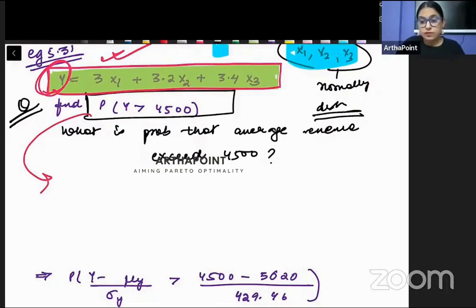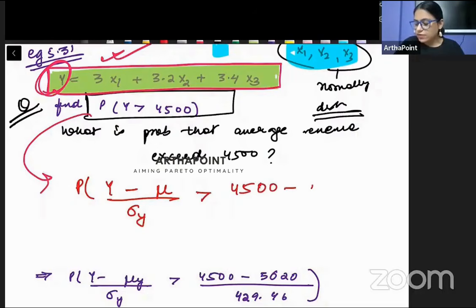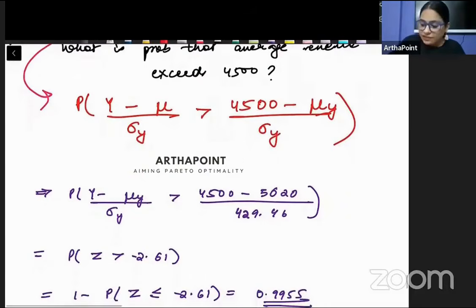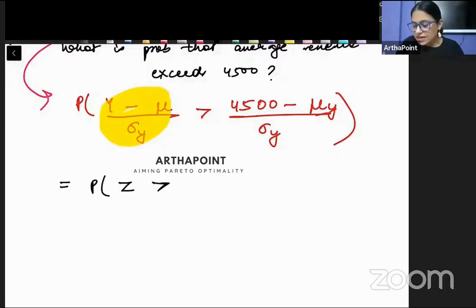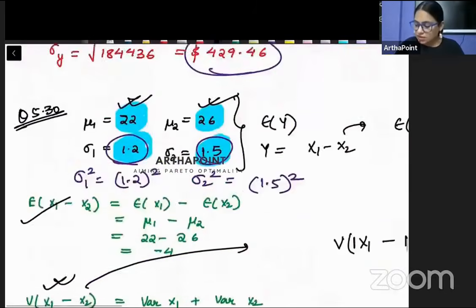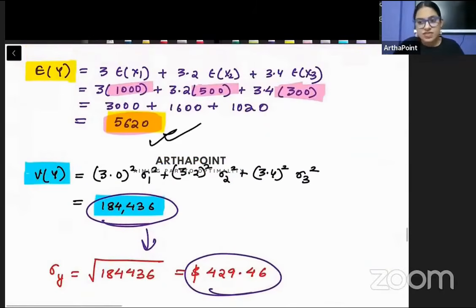So if I convert this into standard normal variable format, what will I get? Probability of y minus its mean divided by its standard deviation greater than 4500 minus mean of y divided by standard deviation. And we know that this is nothing but z. So this will be probability z greater than 4500 minus, what mean did we calculate? 5620.